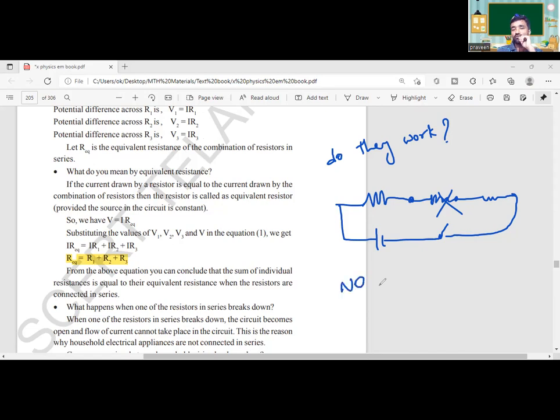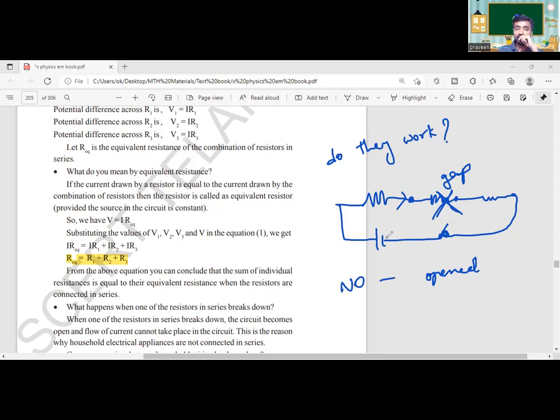No. Why? Here it works like an open circuit even when you close the key. Suppose I close the key here and the fuse is already broken, so it leaves a gap. The current reaches up to here but won't pass. So no current passes, and no potential difference is maintained between the terminals.